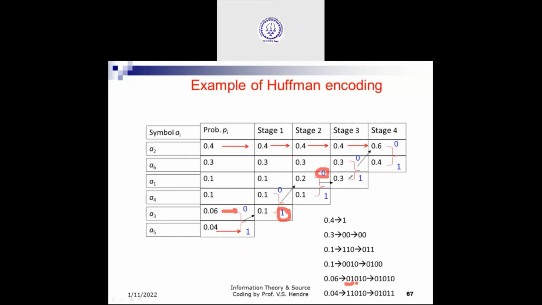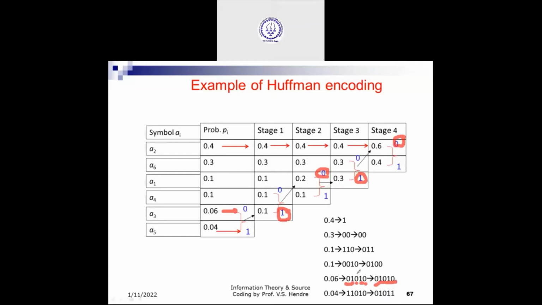Then it is combined and carried forward here, I received 1 here, so I got 1 here. This is combined and carried forward here, I got 0, so that has been 0 here. And finally the code is in the reverse order, so I got 0 1 0 1 0. So 0 1 0 1 0 is the code that I'm getting here for 0.06.